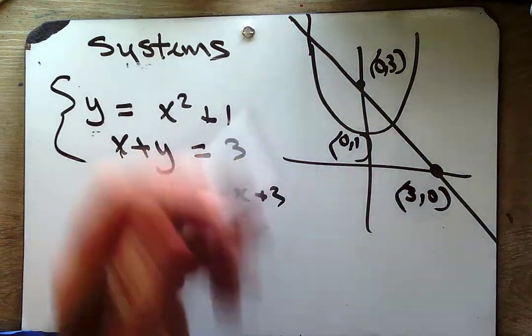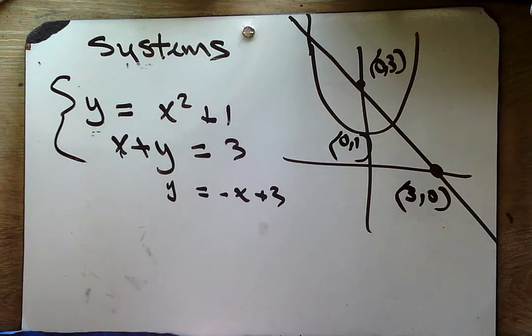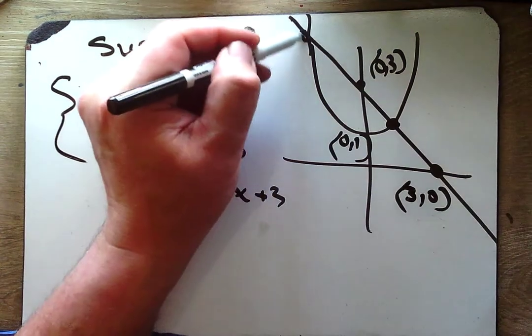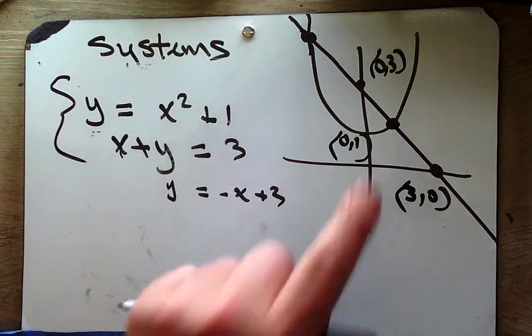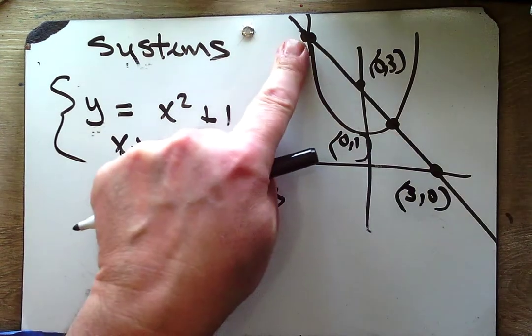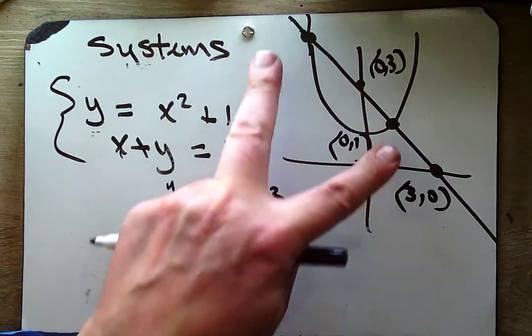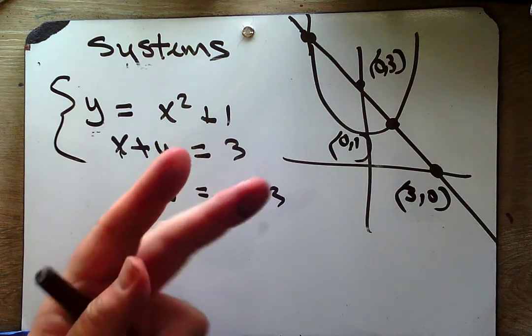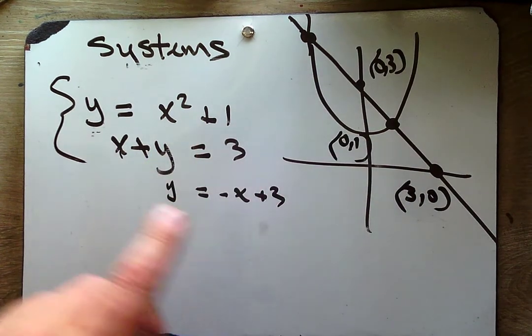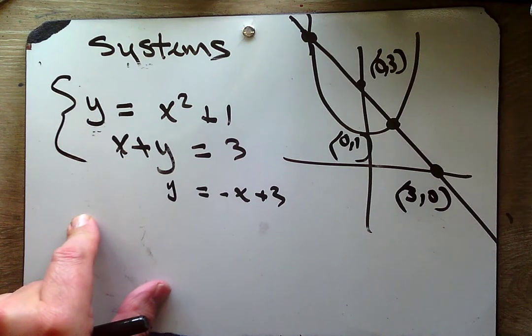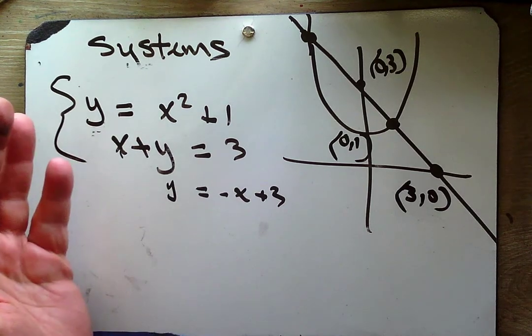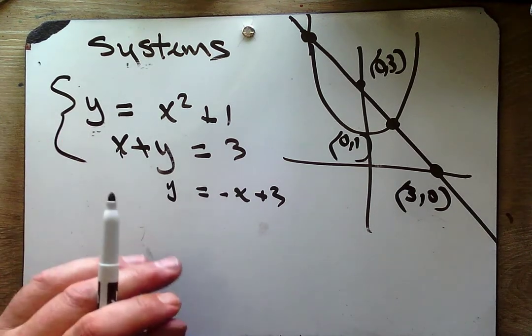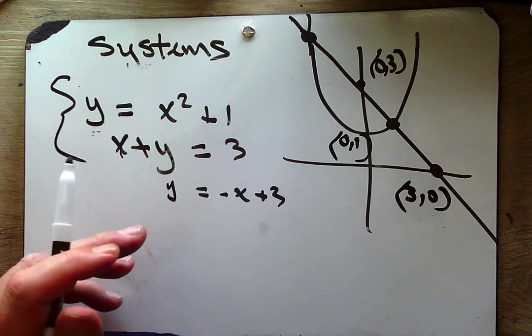From my very quick graph, I know I'm going to have 2 points of intersection. One of them has a positive x, one of them has a negative x. Both of them have positive y values. All that information helps me understand, when I get my solutions, whether I have the right number of solutions and whether those solutions are in a reasonable place.